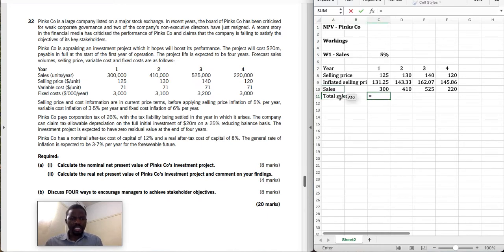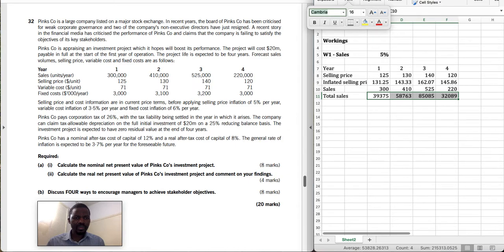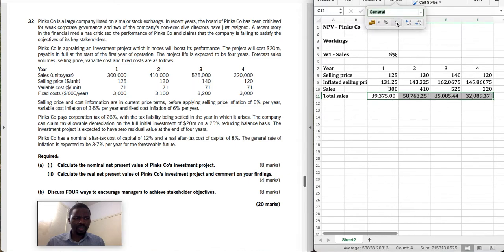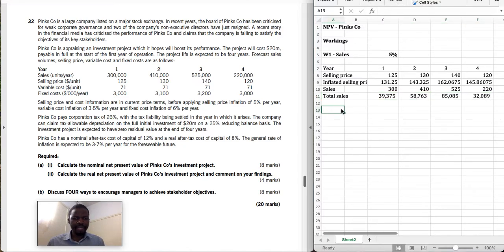Now our total sales will say our inflated selling price multiplied by our sales units. Then we'll drag the formula across. We have our figures there.